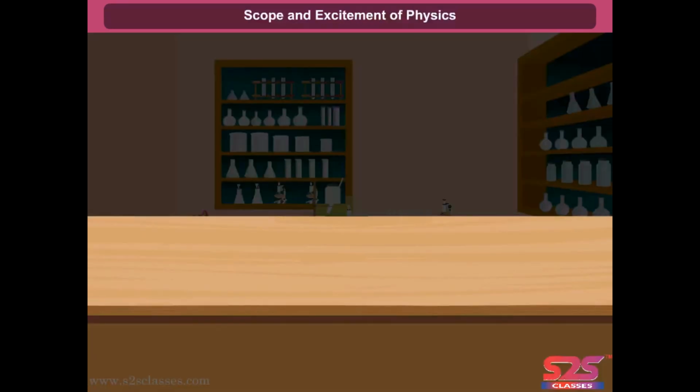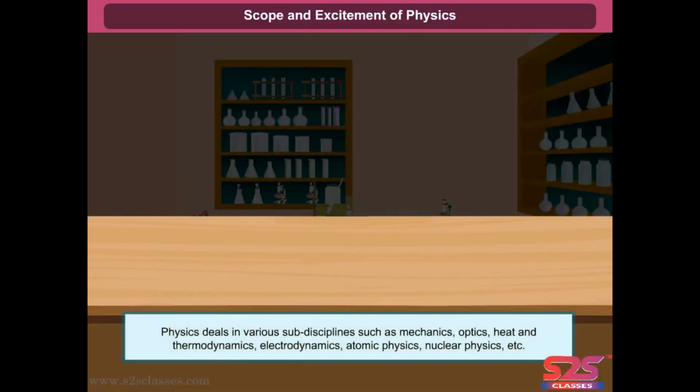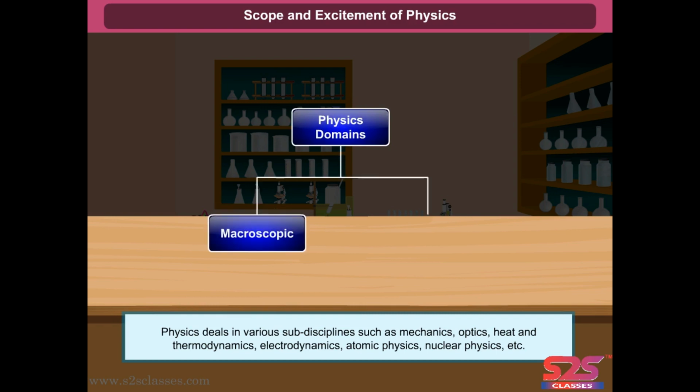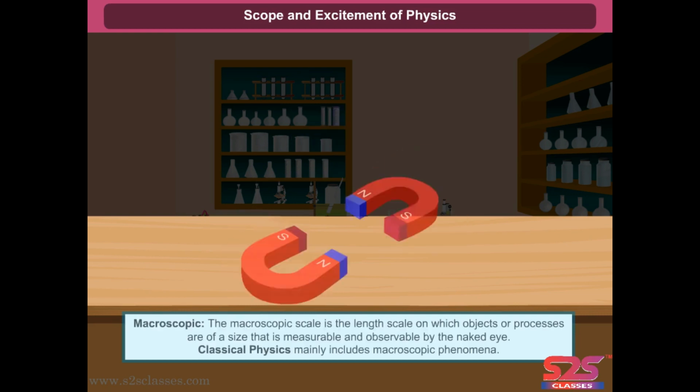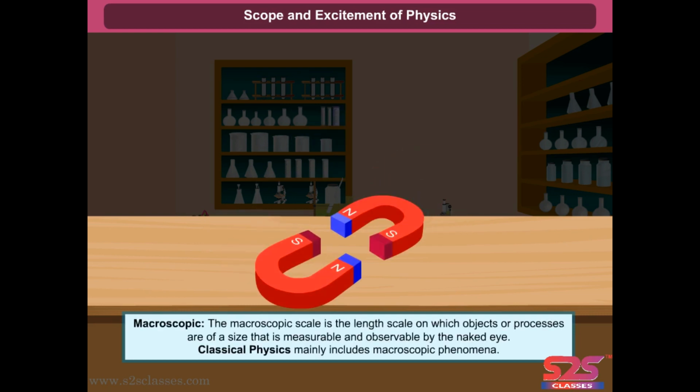Scope and excitement of physics. Physics deals in various subdisciplines such as mechanics, optics, heat and thermodynamics, electrodynamics, atomic physics, nuclear physics, etc. Basically, there are two domains of interest, macroscopic and microscopic. Macroscopic. The macroscopic scale is the length scale on which objects or processes are of a size that is measurable and observable by the naked eye.